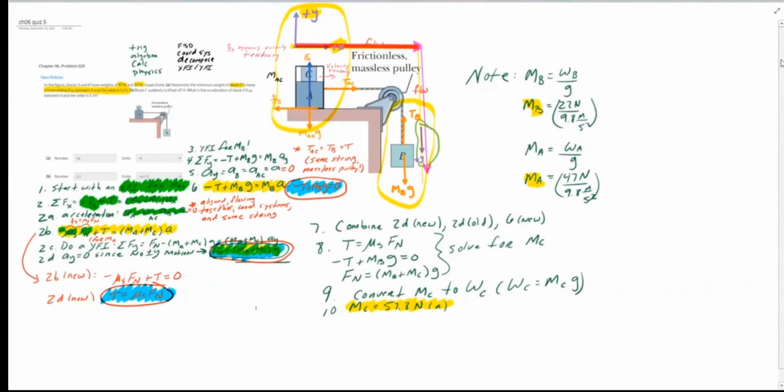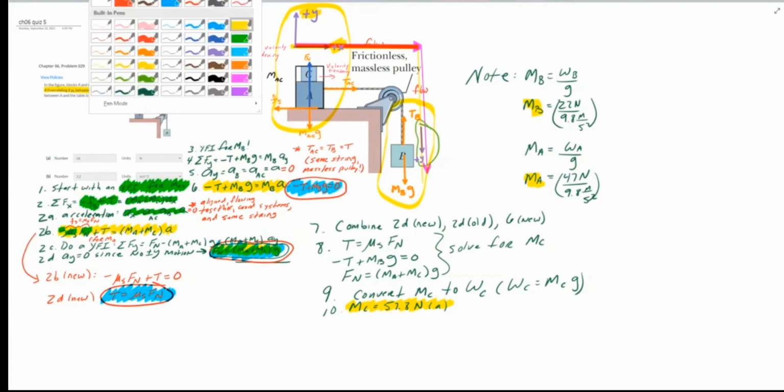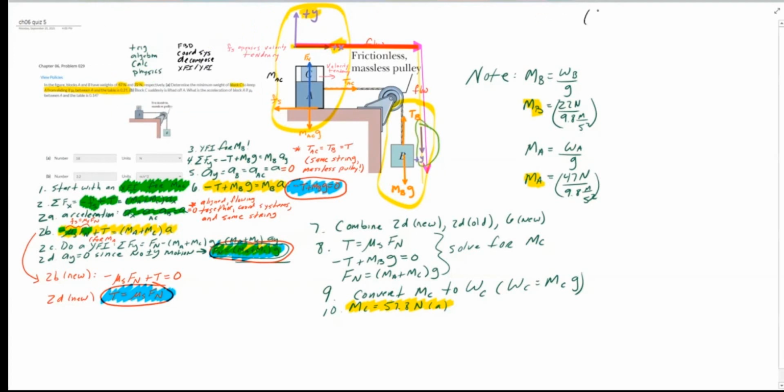But for part B, what's the acceleration of block A if there's less friction here? Part B, what is the acceleration of A if block C is removed?